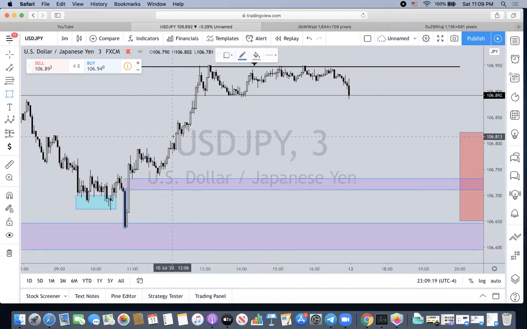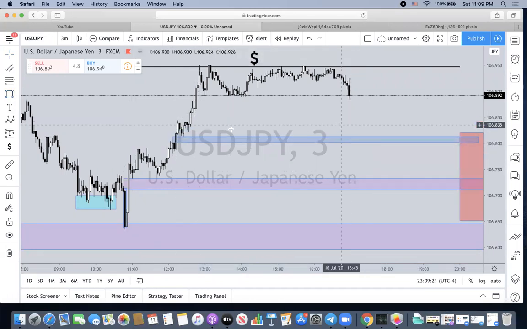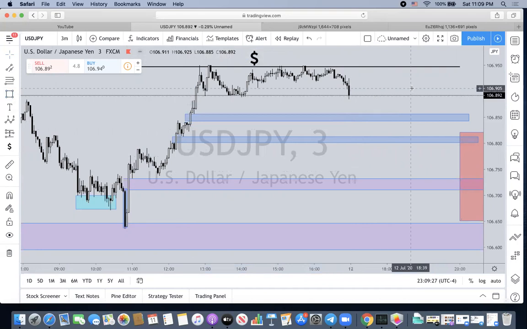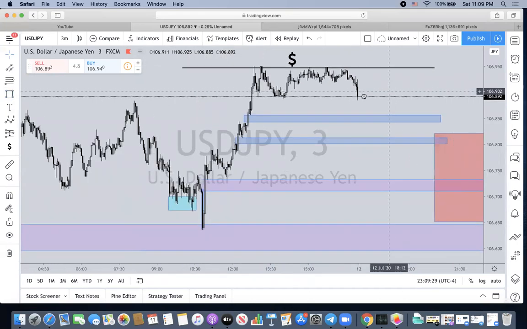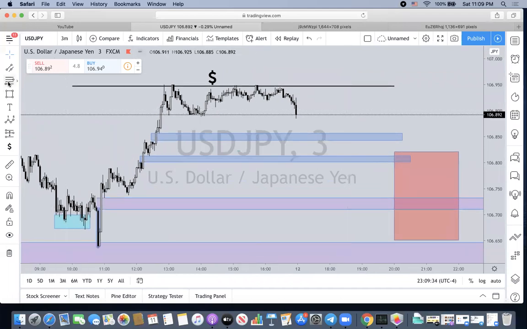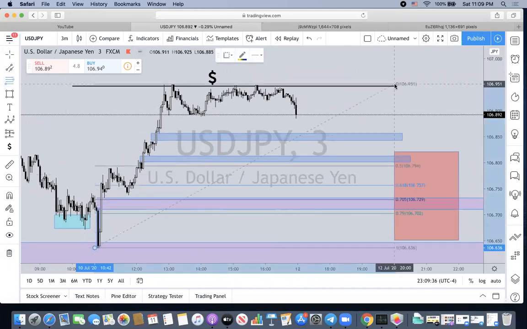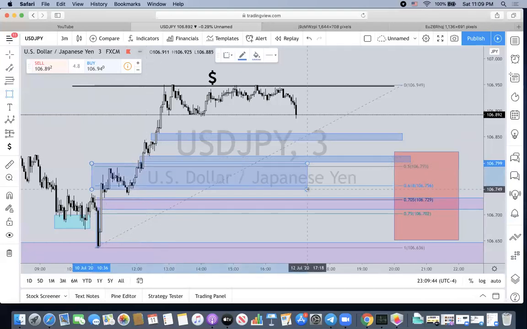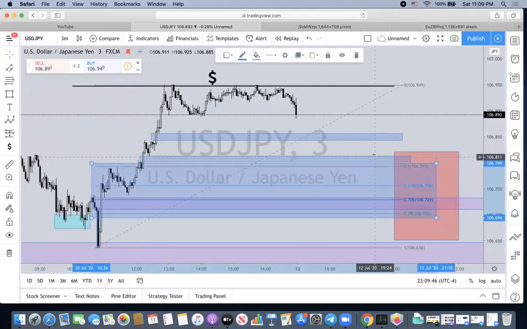Again, we also have an imbalance lying here. We also have an imbalance lying here. So I think it is, yes, setting up for a great buy opportunity. But again, if you're going to take the buy, you want to wait till you're at least discounted 50% or more. Which means not this imbalance, but possibly anything here.